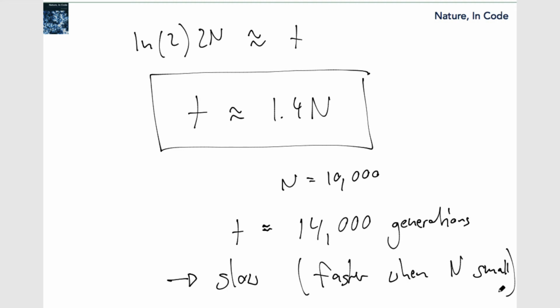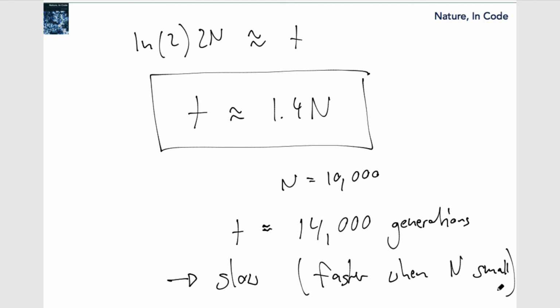Here we're saying, well, it takes however many thousands or millions of generations, or hundreds of generations if n is very small, to just reduce the genetic variation by half. So this is by and large a rather slow process, but of course, given enough time, it will still lead to the same outcome, which is the reduction of all genetic variation.